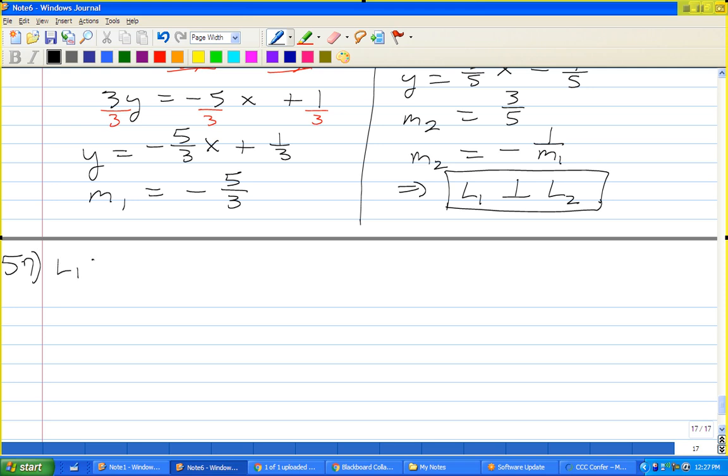So let's call this L1: 2y equals 4x plus 7. L2: 4y plus 2x equals 0. Okay, so let's find the slope of the first line.